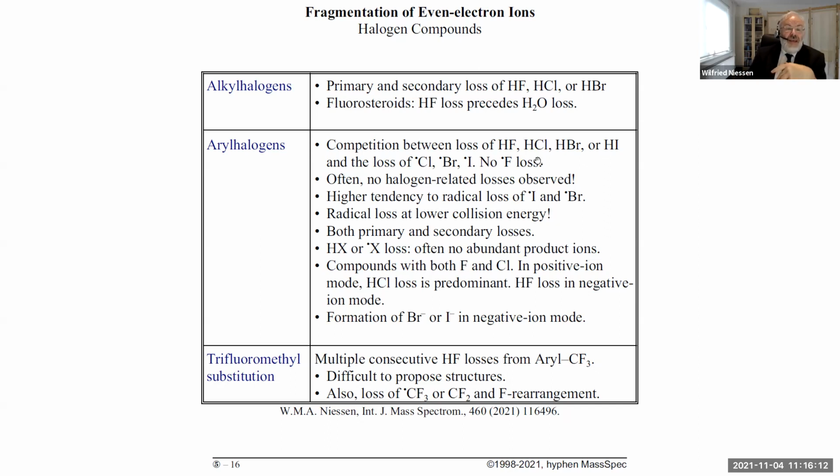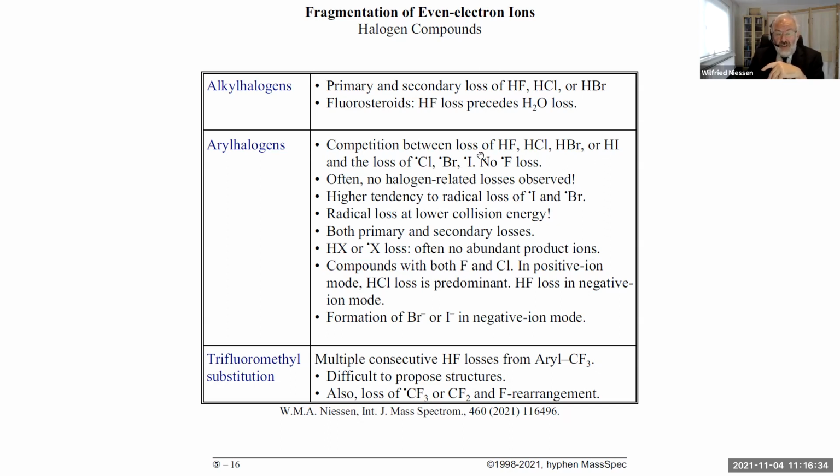If you see losses, you will be able to see losses of HF, and you will see a competition between the loss of HCl and Cl dot, HBr and Br dot, HI and I dot.